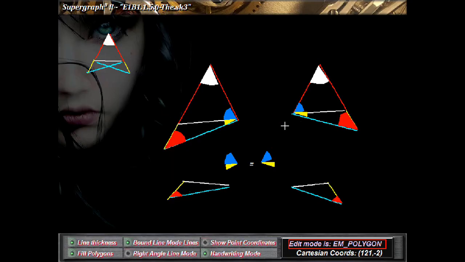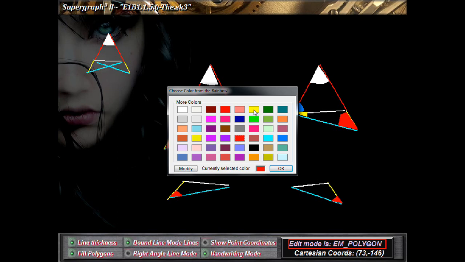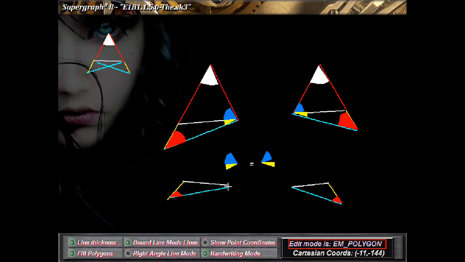We know that the yellow angle, which is the one in the corner, this one, that those angles are equal.